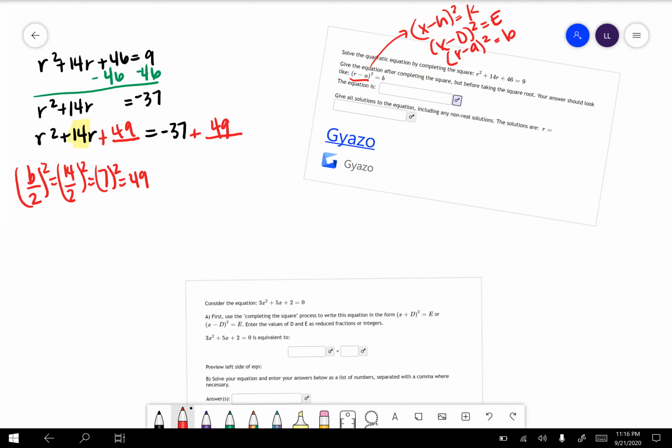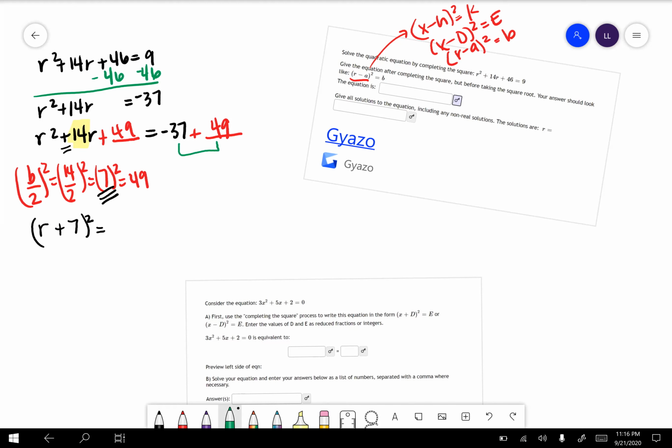All right, so let's rewrite this because we said this is going to be your perfect square trinomial. One number goes inside the parentheses, that number right there, because it was simplified from 14 over 2. So we get r plus, because I have to follow the sign here, 7 squared is equal to negative 37 plus 49.